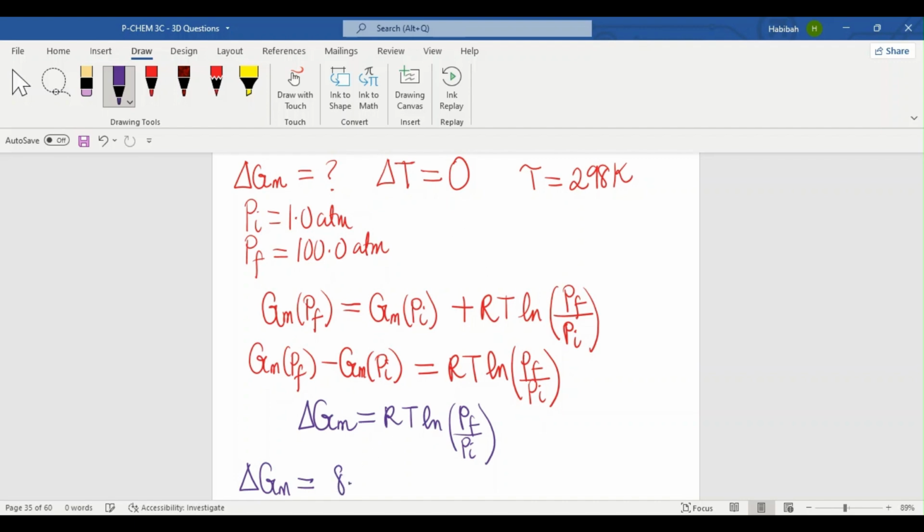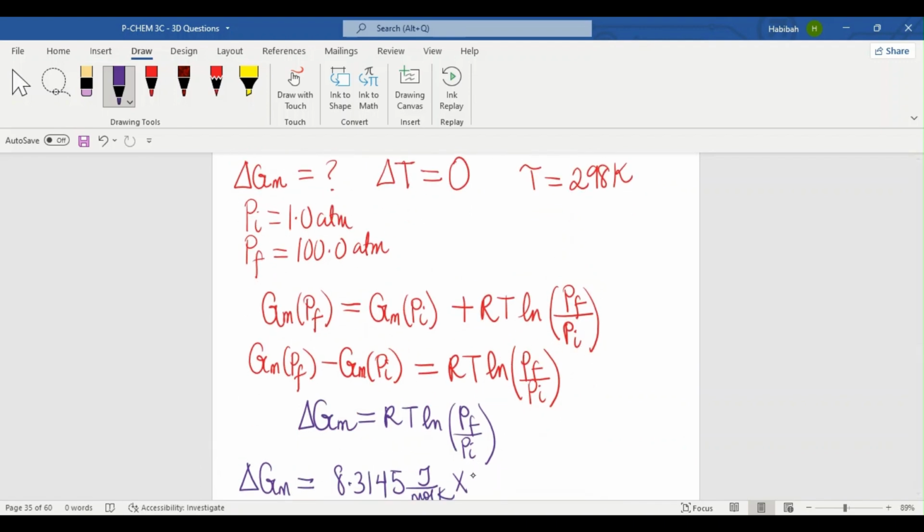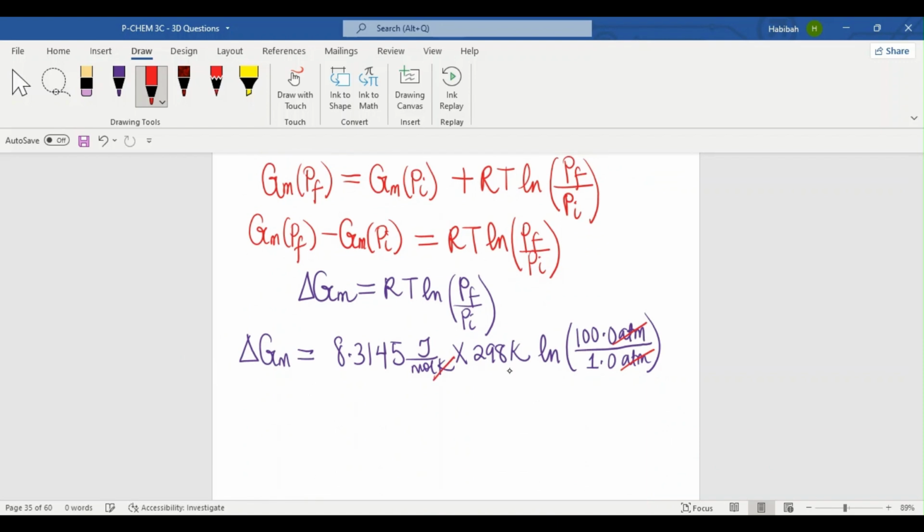So we have 8.3145 joule per mole Kelvin times 298 Kelvin times ln of 100.0 atmospheres divided by 1.0 atmospheres. We cancel out the atmospheres and the Kelvin.